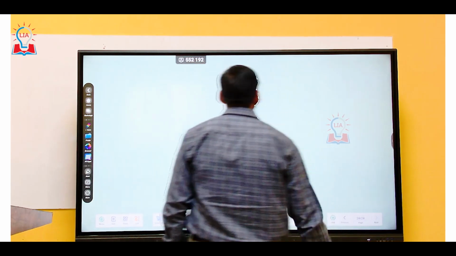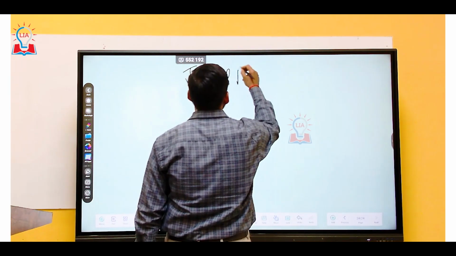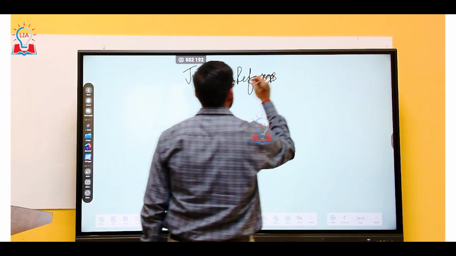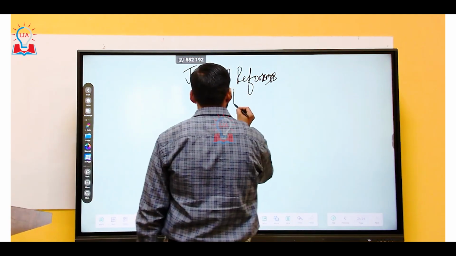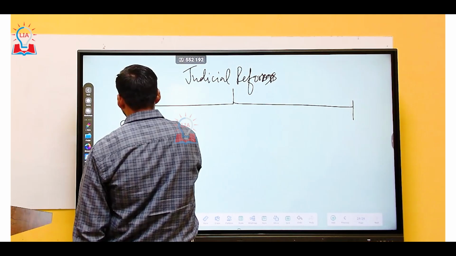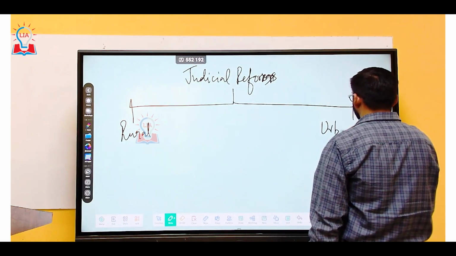Now, in terms of judicial reforms, there are 2 areas. One is rural, another is urban area.